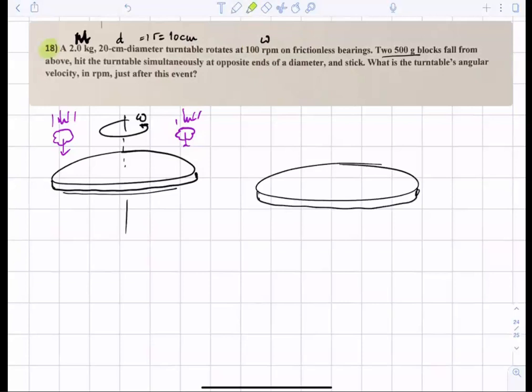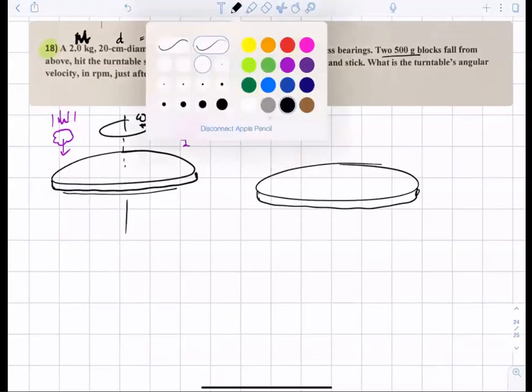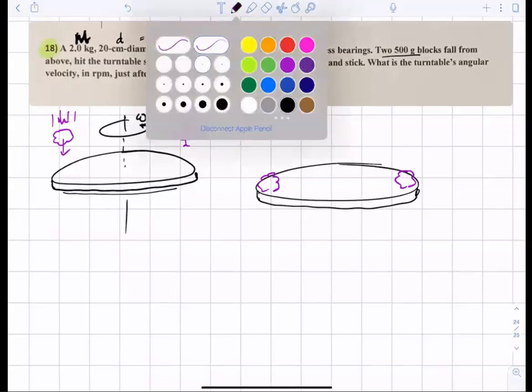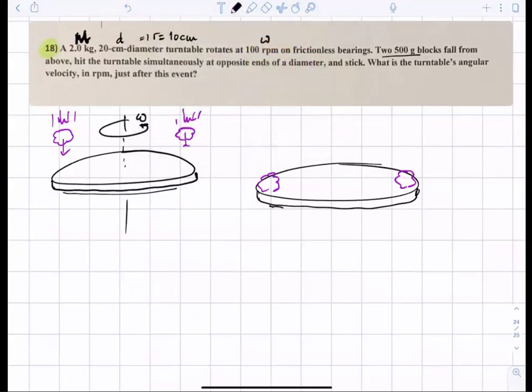So here we have the masses stuck at the end here. All right, and this system is now going to slow down probably. So I'm going to call this phase 1, and here's phase 2. So we can actually depict the situation.